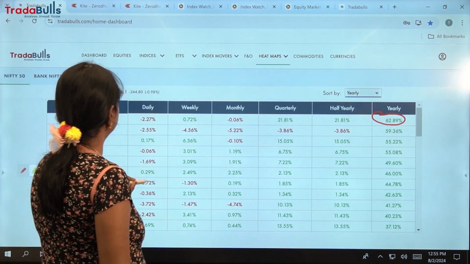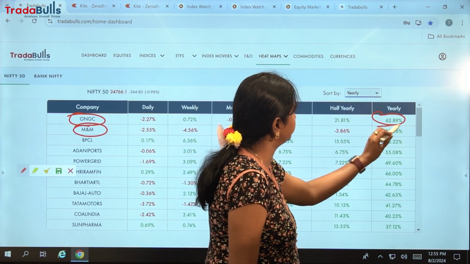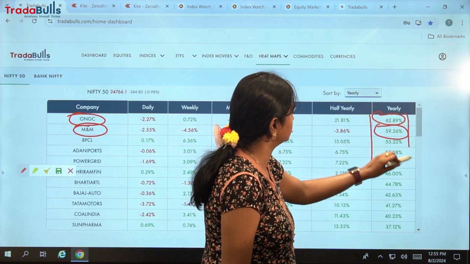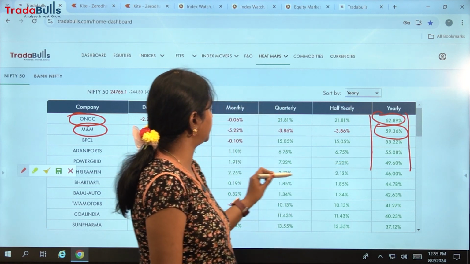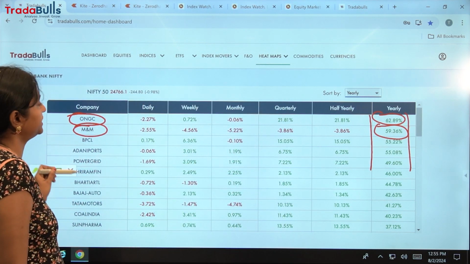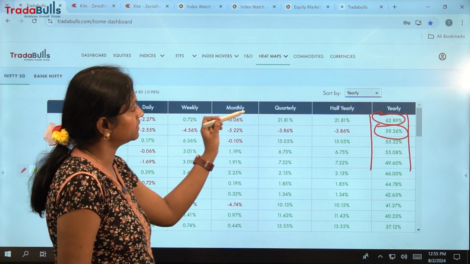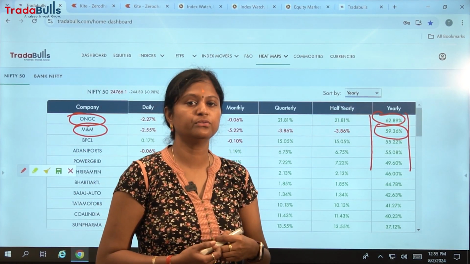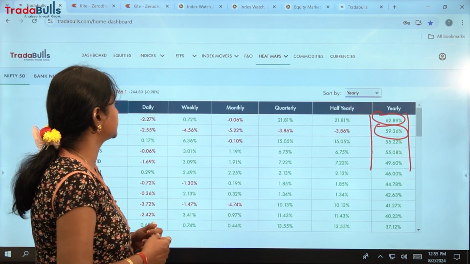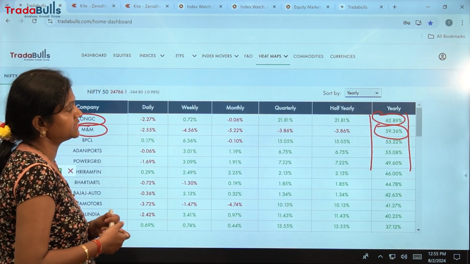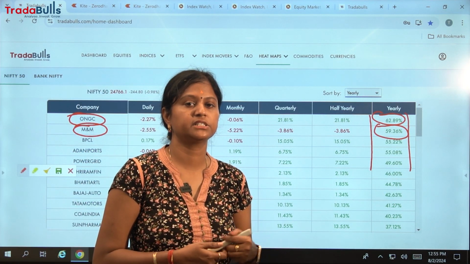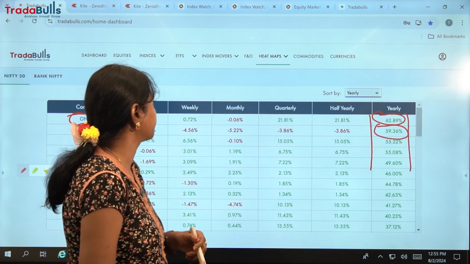M&M is second at 59.36. These are the top 5. You can check which company has a higher percentage of appreciation, and this lets investors take a decision according to these values.